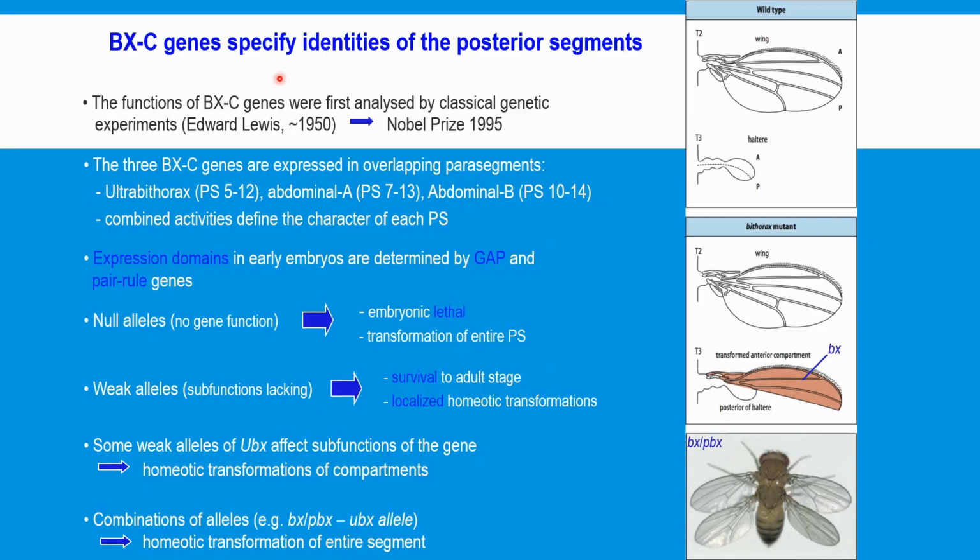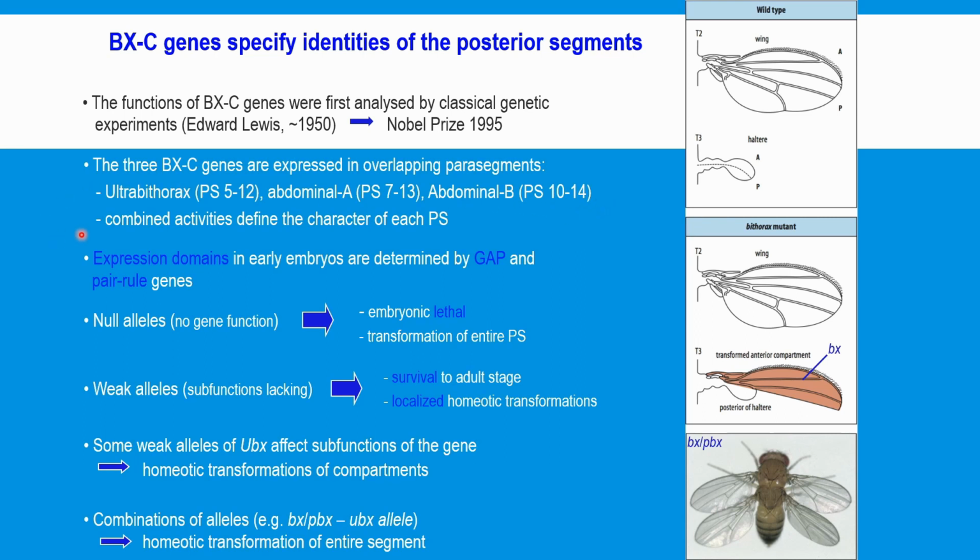So the bithorax complex genes were first studied by classical genetic experiments done by Edward Lewis, and he received the Nobel Prize for this in 1995 together with Nüsslein-Volhard and Eric Wieschaus. And he was able to show that there are 3 bithorax complex genes expressed in overlapping parasegments, where Ultrabithorax was expressed in parasegments 5 to 12, abdominal A in parasegments 7 to 13, and abdominal B in parasegments 10 to 14.